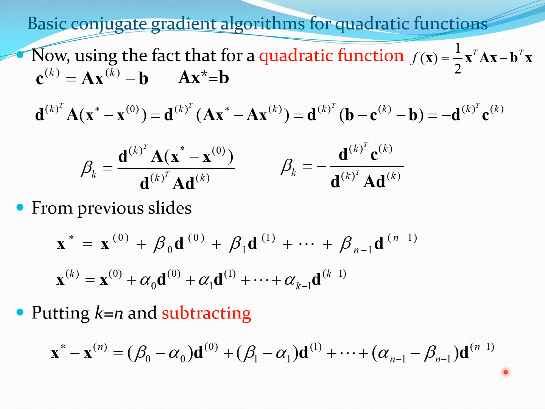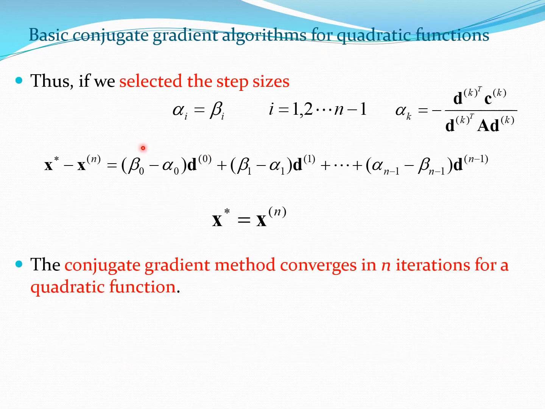So now we are going to look at this particular series, and we are going to realize that if alpha i and beta i are the same, then all these terms are going to be 0, and therefore x star is going to be xn.